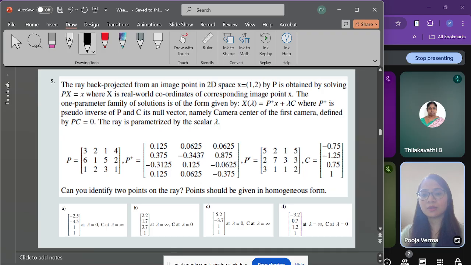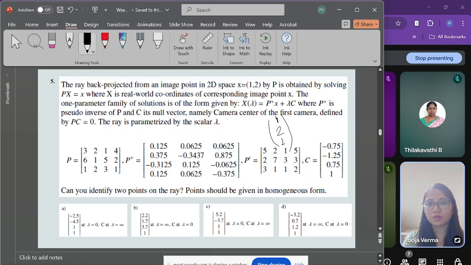So here the matrices P, its pseudo inverse, P dash and C, the camera center, are given. The question is, can you identify 2 points on the ray? Points should be given in homogeneous form. We already know how to represent this point in homogeneous form, just by adding 1 to the 2D image point.